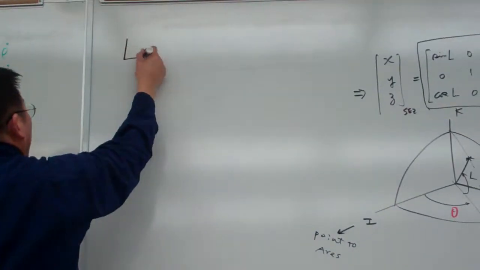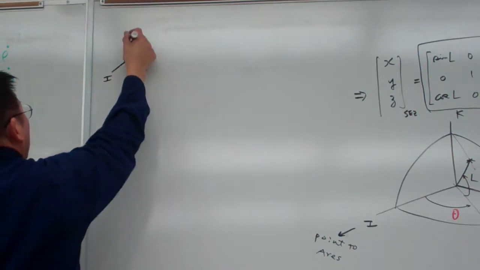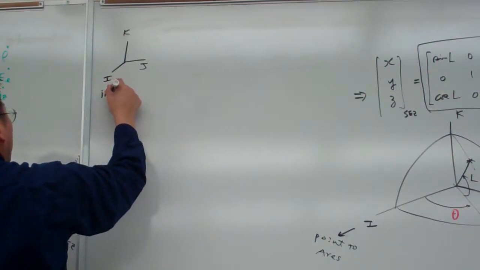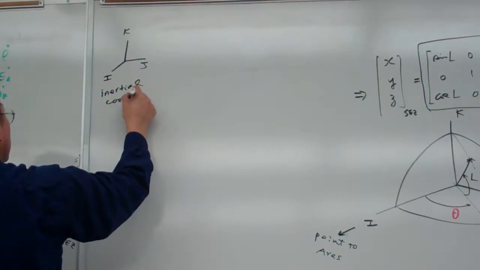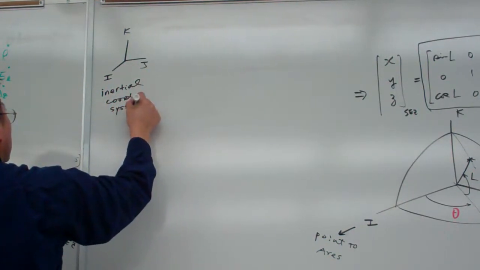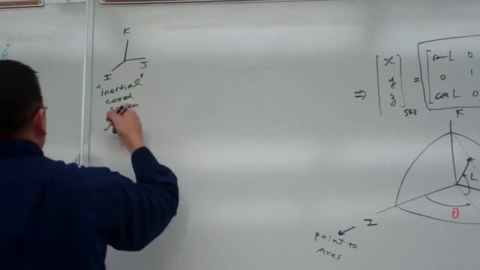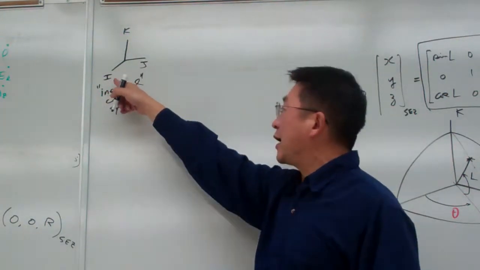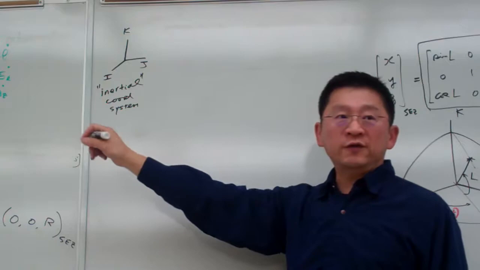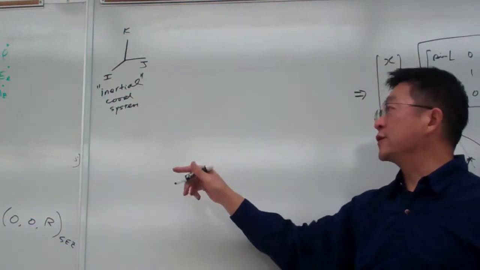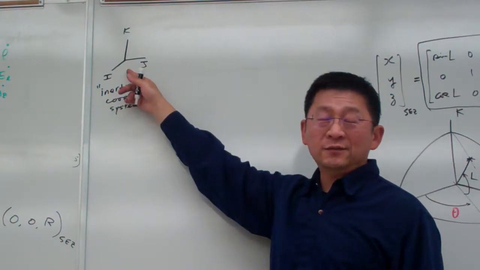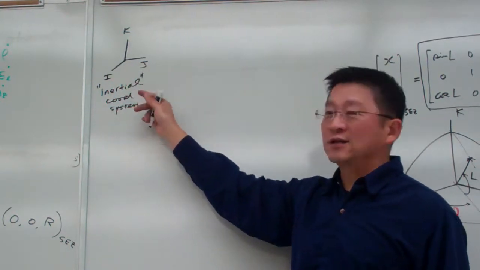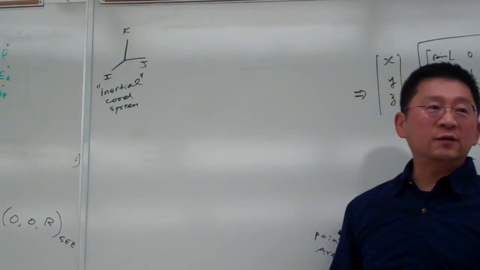So this is the IJK, basically an inertial coordinate system, because I said the I-axis points to a fixed place in the universe. So I would say this is an inertial coordinate system. You may argue this is not so accurate, but here we just take it.